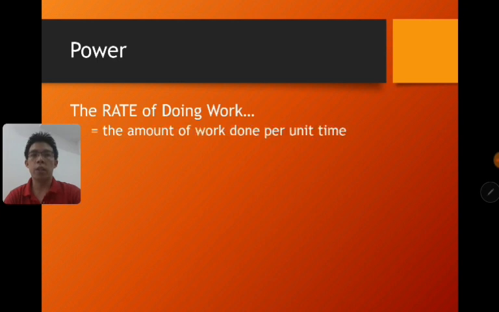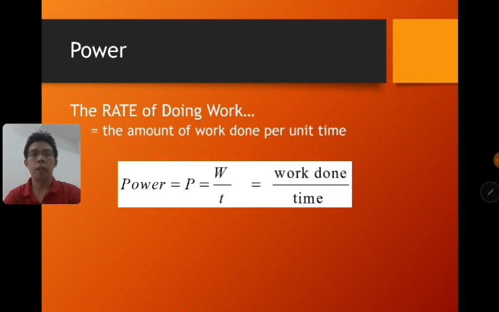You can also define it as the amount of work done per unit time, or you can also say the energy transfer per unit time, because energy and work done basically are the same thing. So we have the equation P equals W over T, as in work done per unit time.